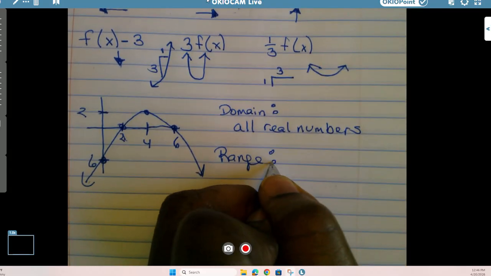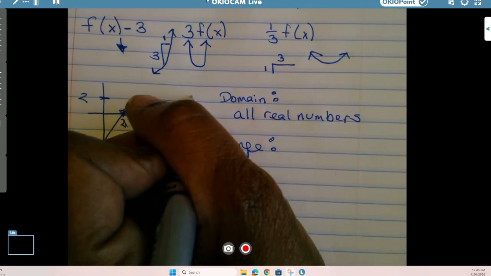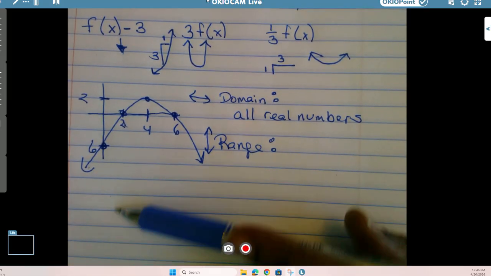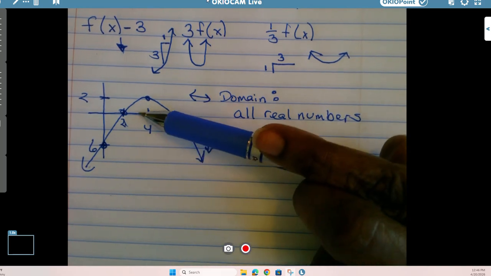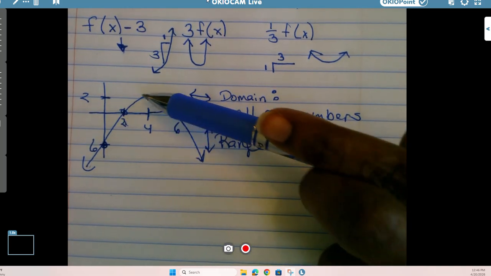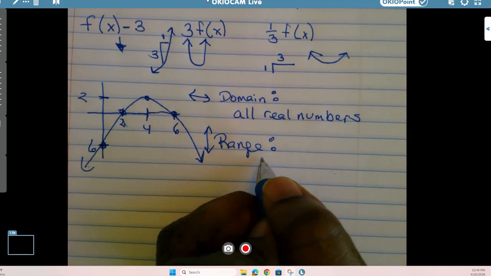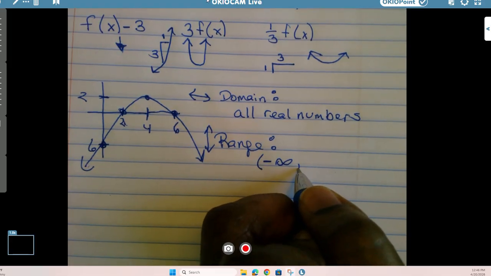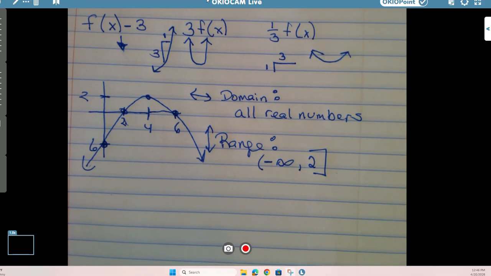The range, which are the y values, so domain is left and right, range is up and down. Range is going from negative infinity, and it's going to top off at 2 meters because that's as high as this graph goes. So the range is negative infinity to positive 2 with a bracket because that 2 is included.